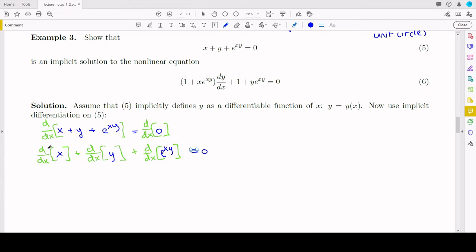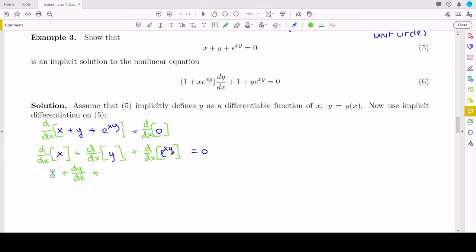Now the derivative of x with respect to x, that's 1. And then the derivative of y with respect to x, we can write dy/dx, or you can write y prime if you prefer that. Now, this one's a little bit more tricky.